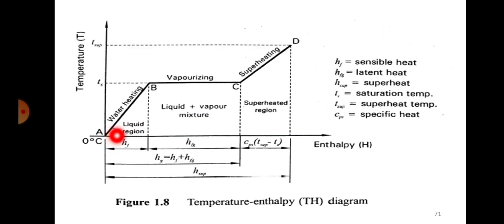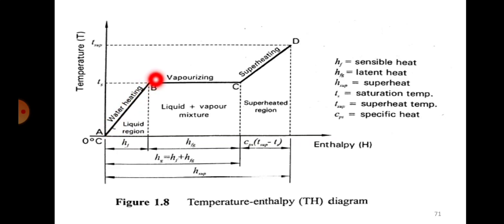So when you start applying the heat, what will happen is the temperature will start increasing. As you can see, the line AB, if you observe, so from 0 degrees the water will start heating, and the enthalpy also increases, and temperature will also increase. So it will increase, and it will reach a point B. Okay, now what is this point B?